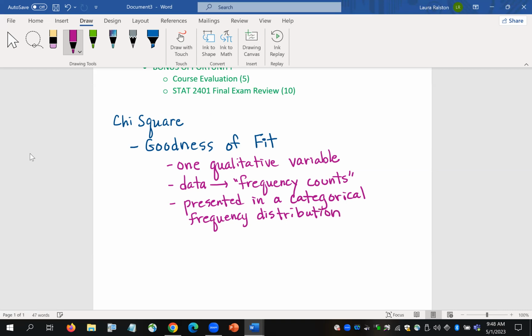The other thing you may usually see with goodness of fit is that it's going to be talking about proportions or percentages. You don't really deal with mean or average. It's proportions or percentages.